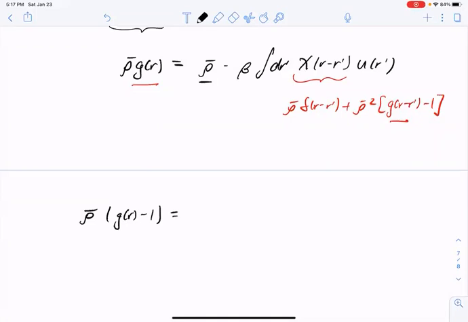Oh, yes, that's rho. So minus rho times beta u of r from the delta function in chi.